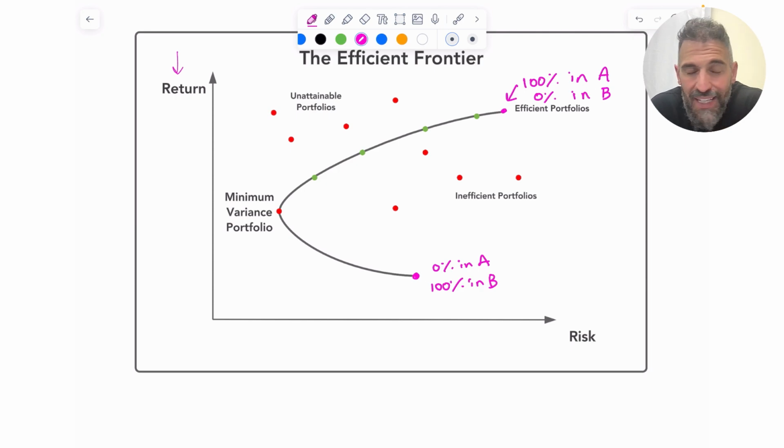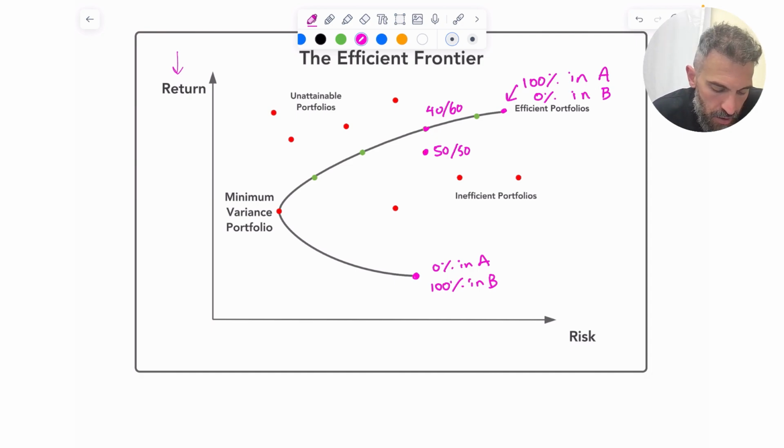Or you can have any combination. Maybe this one here is 50-50. Maybe this one right above it is 40-60. I'm obviously making these up. But the point I'm trying to make is you can sit there all day and make different combinations with stock A and B. But some are better than others.